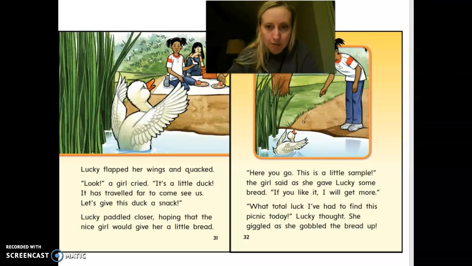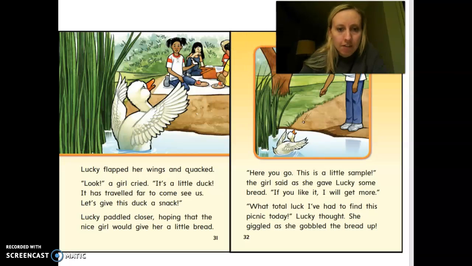Okay, here she comes. Lucky flapped her wings and quacked. Look, a girl cried. It's a little duck. It has traveled far to come see us. Let's give this duck a snack.